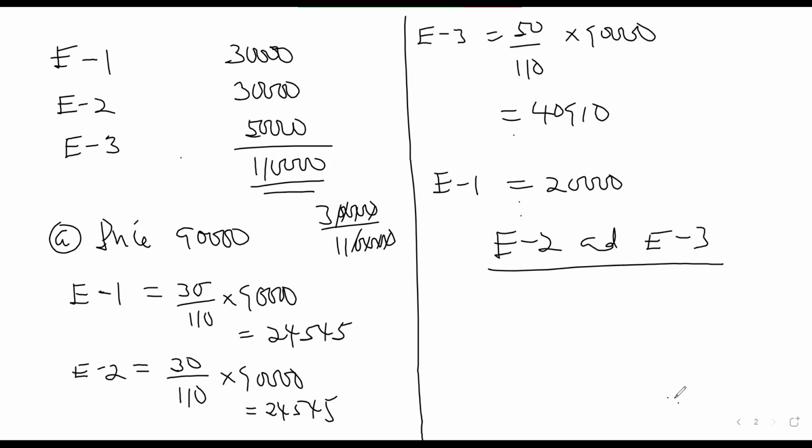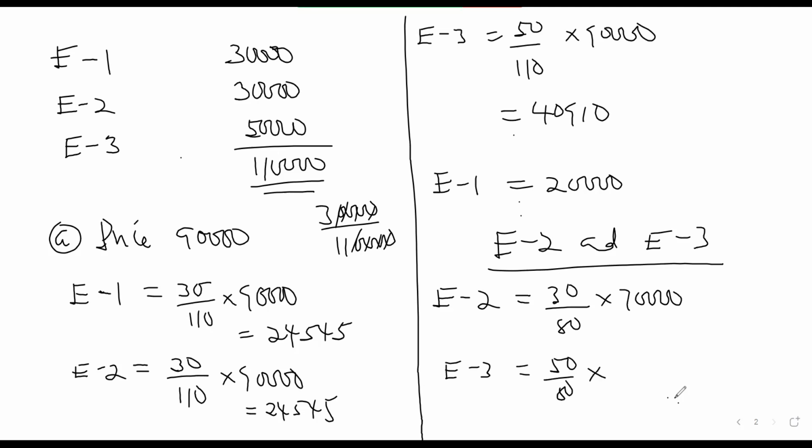So we find the price for each of them. E2 will give you 30 over 80, it's for only the two. So 30 plus 50, that should be the actual price, multiplied by the 70,000. Then you come to E3, that will give you 50 over 80 times 70,000. What are we getting for each of them?